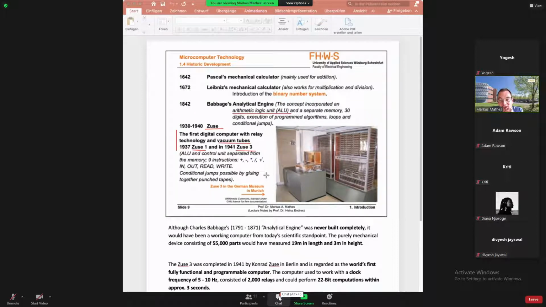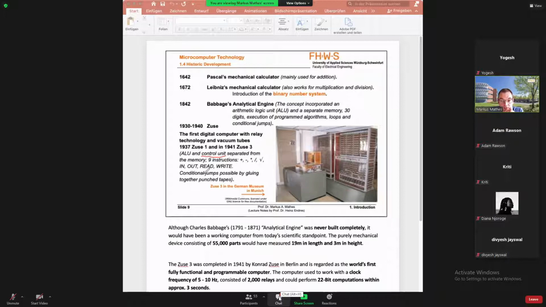We again have our ALU, our arithmetic logical unit, and a control unit that was separated from the memory. We will also construct a control unit in a few weeks. This machine supports 9 instructions: plus, minus, multiplication, division, square root, in, out, read, and write. That's it. You have to try to solve all problems only with these 9 instructions.